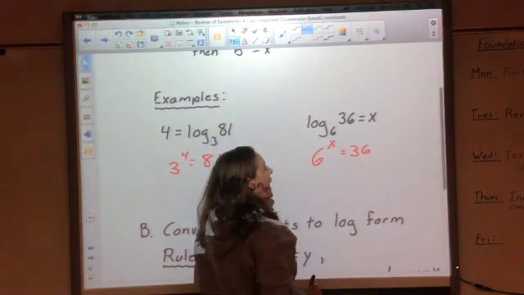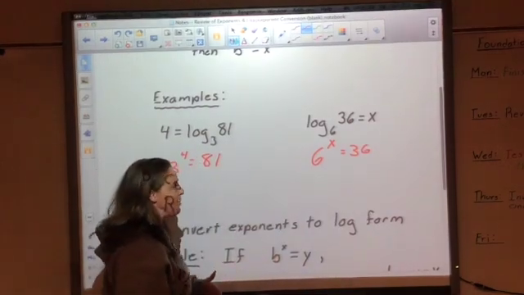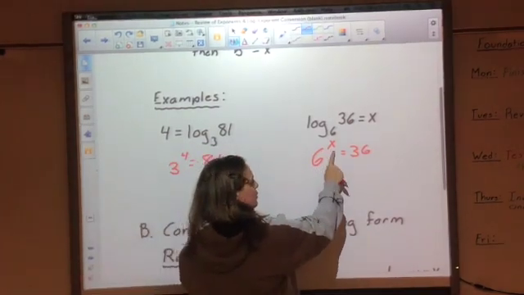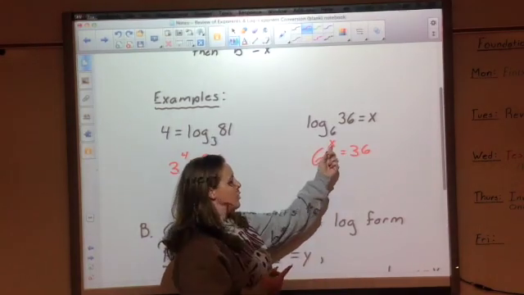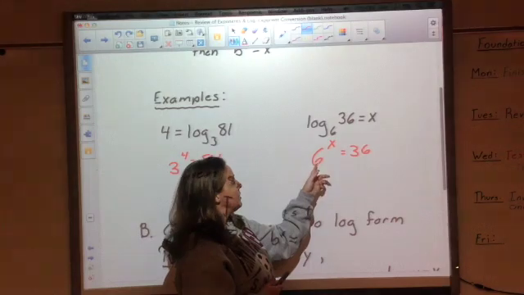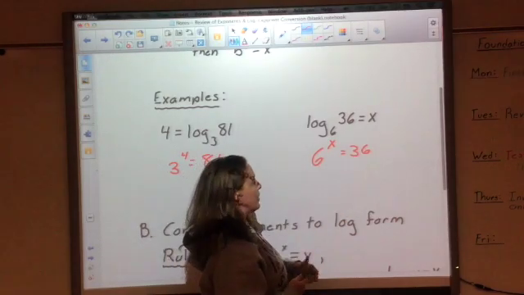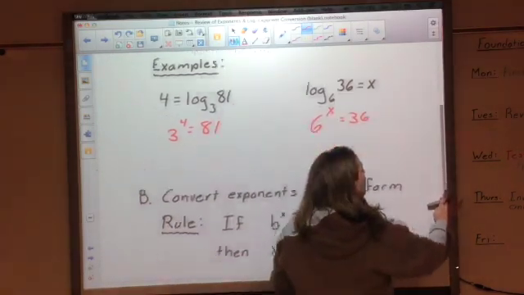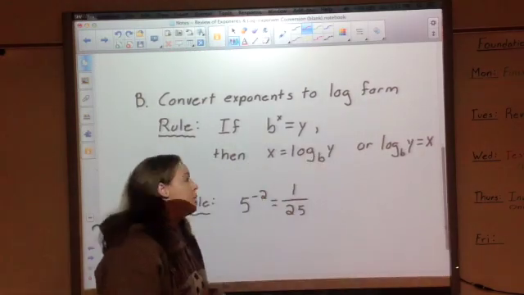And we could also very easily simplify that. Well, in order for 6 to some power to equal 36, it would have to be 2. 6 squared equals 36.